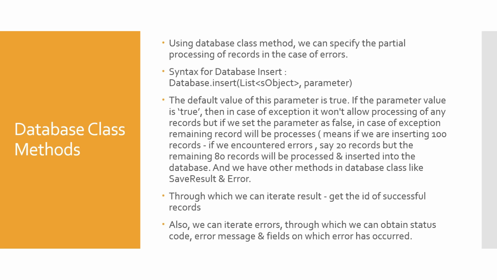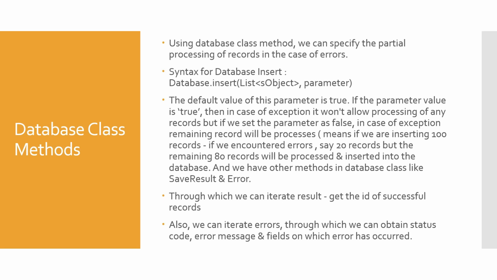Using database class methods, we can specify partial processing of records in the case of errors. So through database class methods, partial processing of records is possible. Syntax for database insert: Database.insert accepts two parameters, a list of sObjects and a second parameter. The default value of this parameter is true.